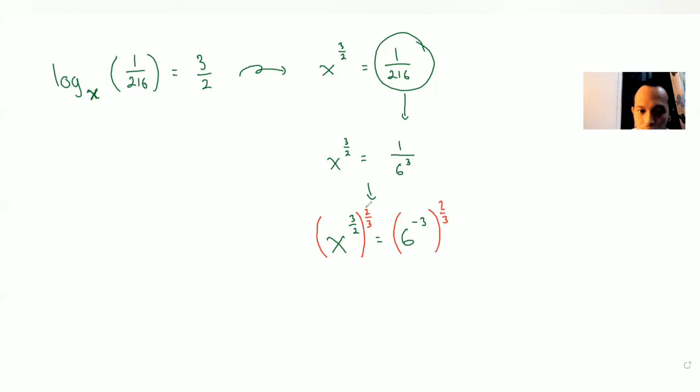The objective is to make this exponent become 1. So in the end, I will have x equals 6 to the power of negative 2, so x equals 1/36. That is how you solve for x in these logarithm problems.